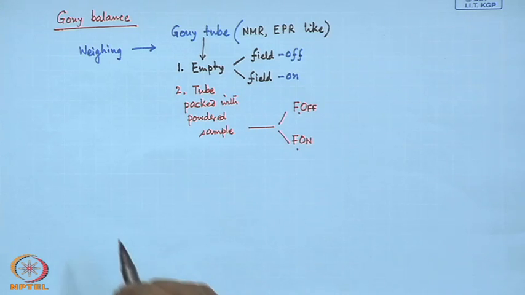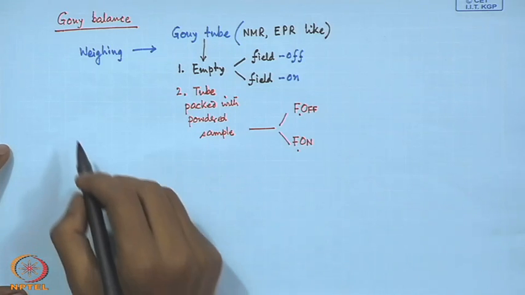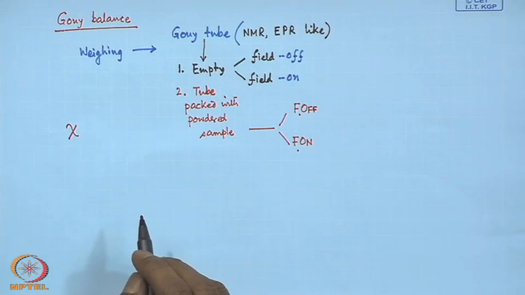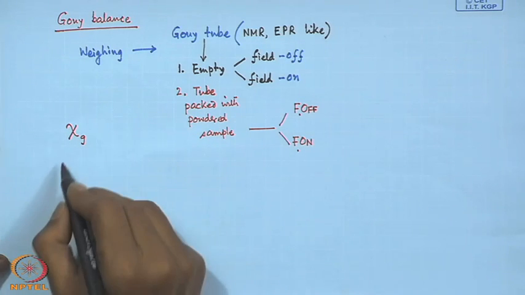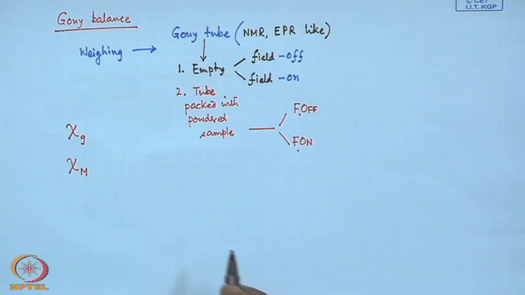So, we will have four different weights, and from the difference of all these weights we calculate the corresponding susceptibility value. We can calculate the gram susceptibility, then multiply it with the molecular weight of the compound, giving rise to the molar susceptibility.